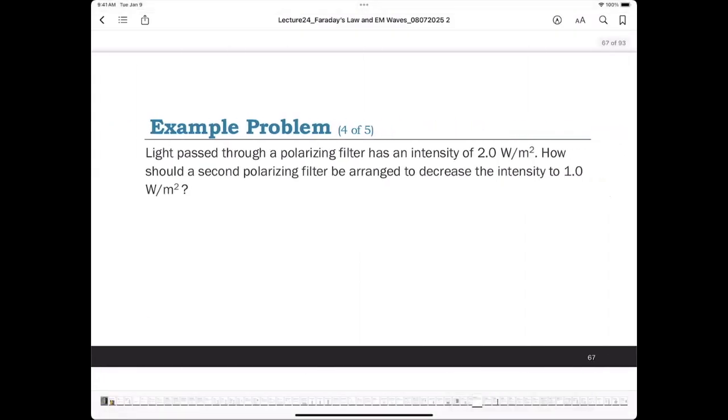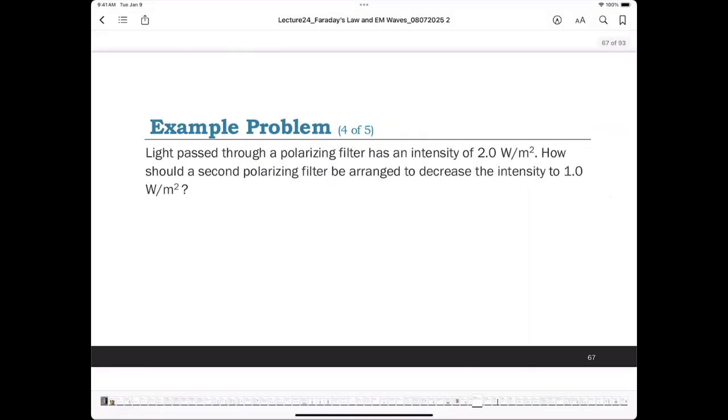Let's talk about this example problem. Light passing through a polarization filter has an intensity of 2 watts per square meter. How should a second polarization filter be arranged to decrease the intensity to 1.0?